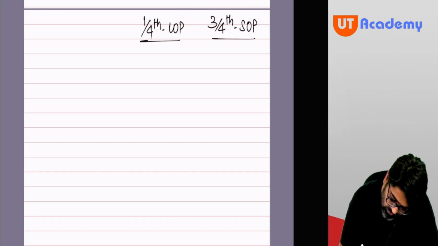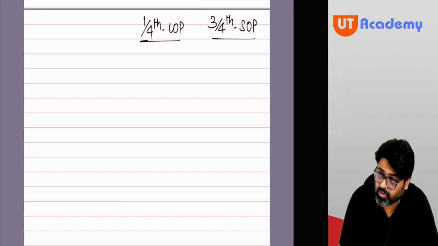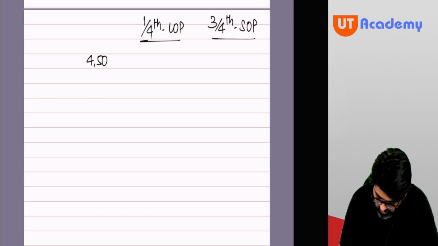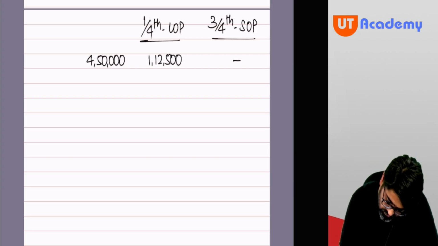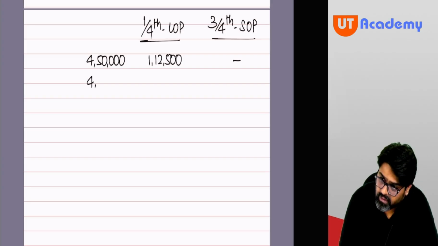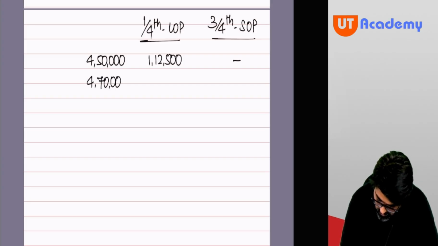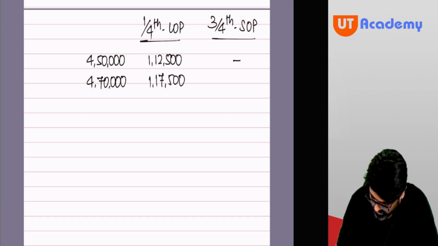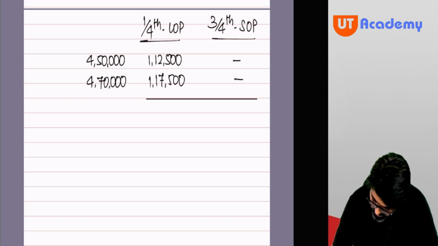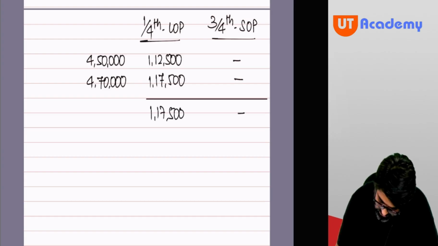Now, what was the municipal value? 4,50,000. 1/4: 1,12,500. What is the fair rent? 4,70,000. 1/4: 1,17,500. So higher amount will be 1,17,500.